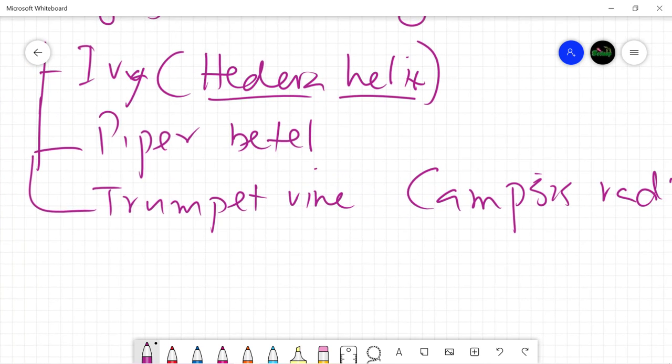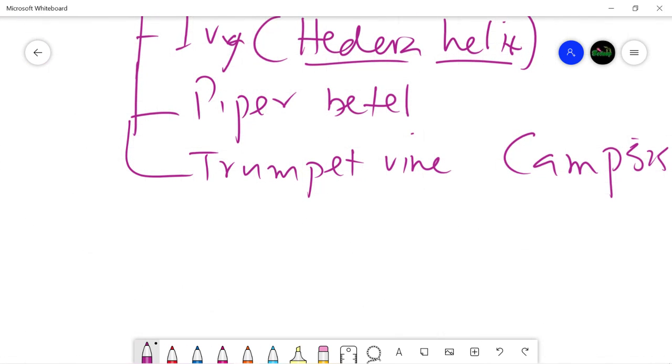It blossoms during summer here, producing globe-like, very beautiful orange-red flowers. So this is also a climber, and it uses its roots to climb up a support, which in most cases are the walls of the houses, the gardens, and adventitious roots are produced from the stem.